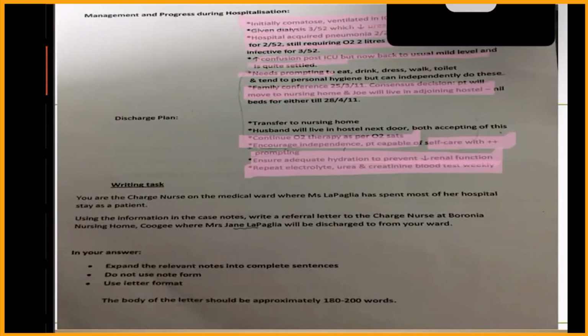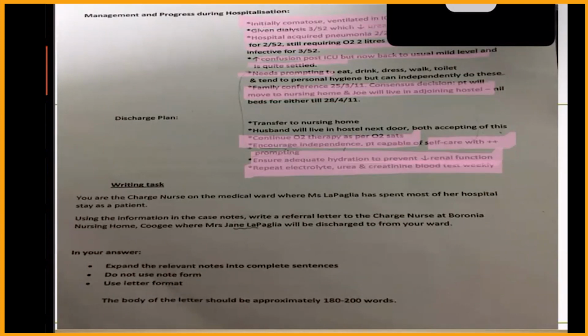assist Miss La Pagela with her daily living activities and kindly ensure continued oxygen therapy as per... Why do you have to say that? Daily activities, that is not to be mentioned here, because the patient is capable of self-care.